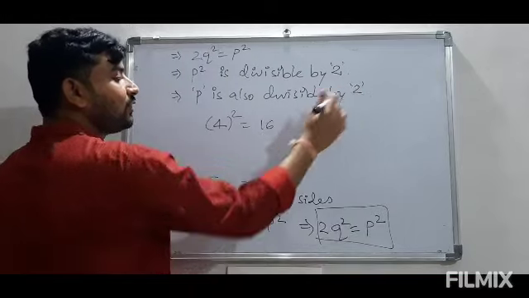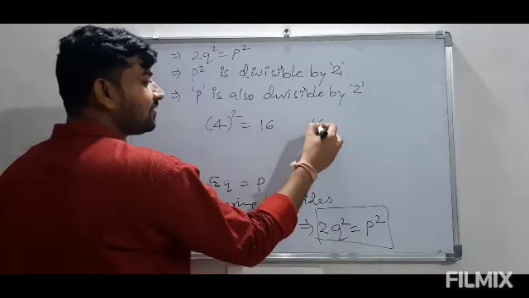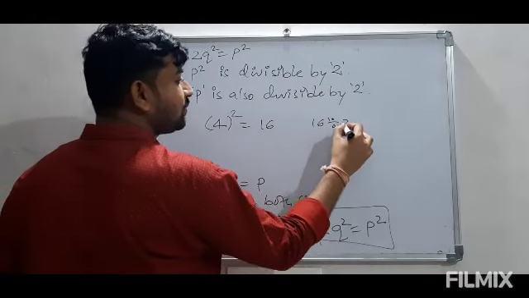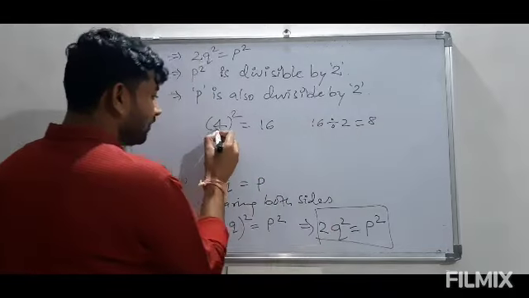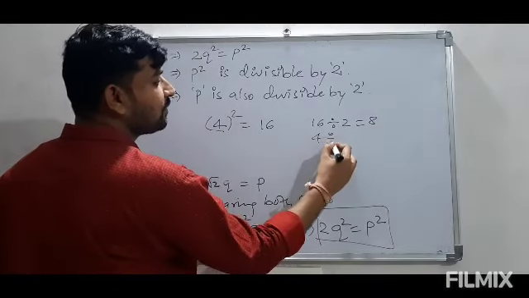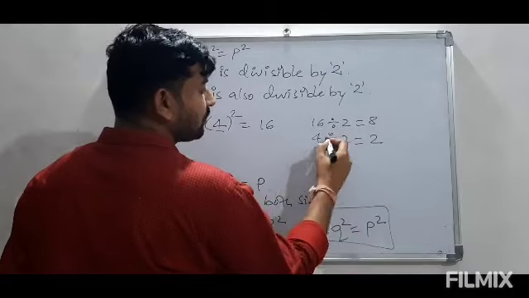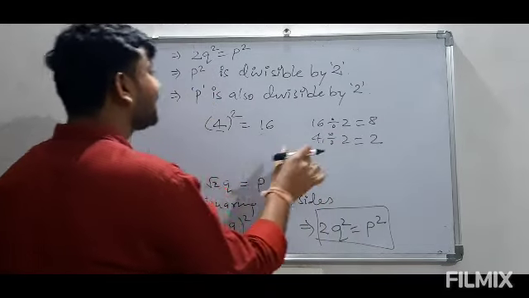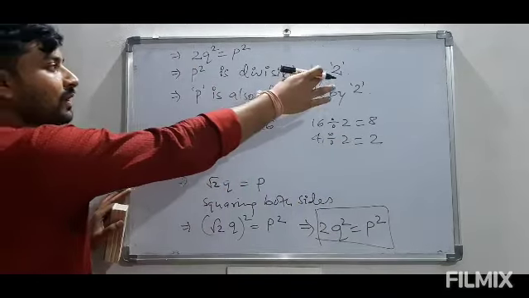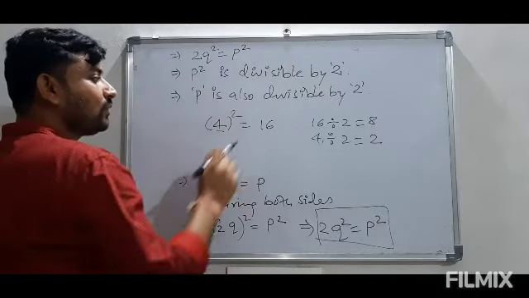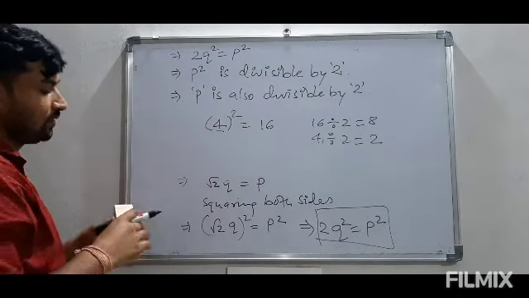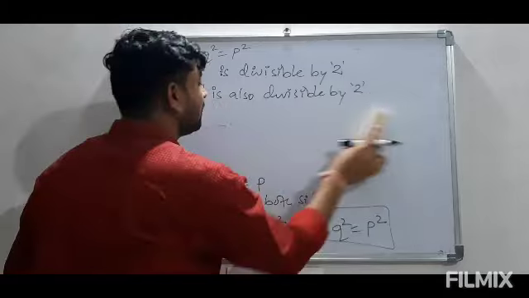This 16 is divisible by 2. If we divide 16 by 2, we get 8. Then the value of p, meaning 4, is also divisible by 2. So this is the reason why we write p square is divisible by 2, so p is also divisible by 2. This is how it goes.